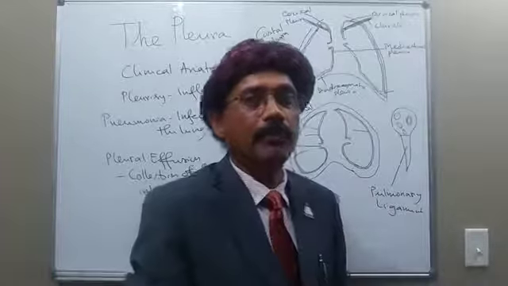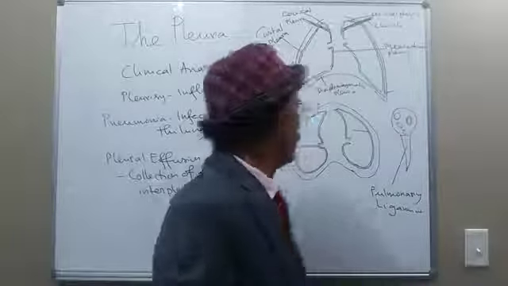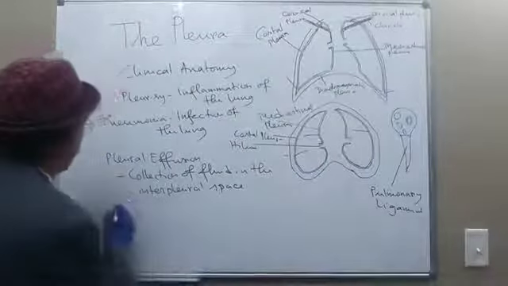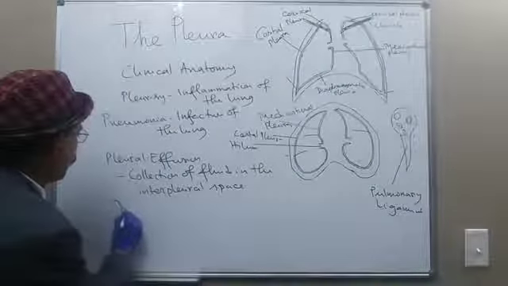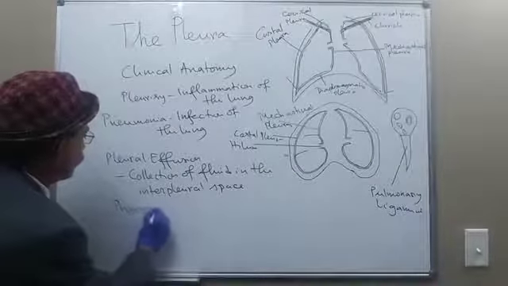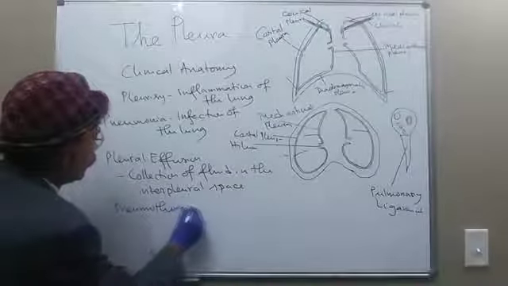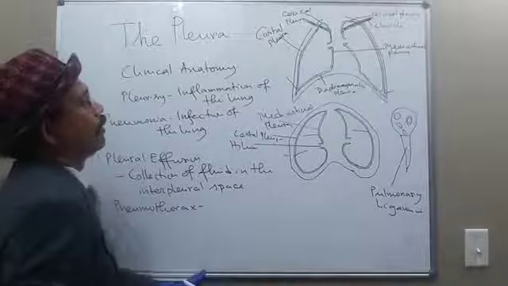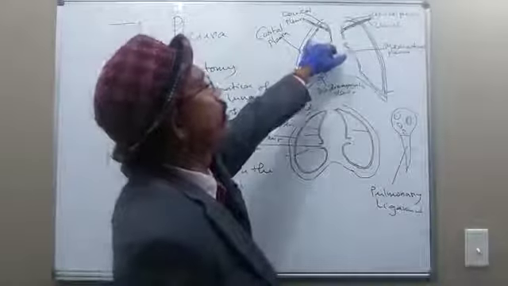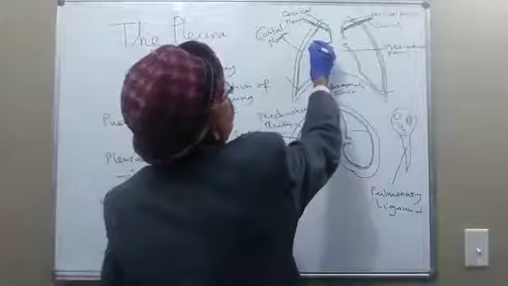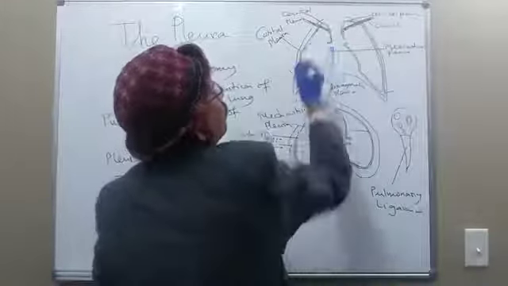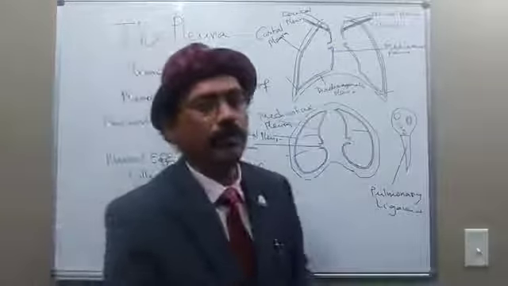Collection of pus, that is called pyothorax. Okay. We may have pneumothorax, collection of air. This is a potential space between the parietal pleura, visceral pleura. There is a potential space. In our life, it does not exist.